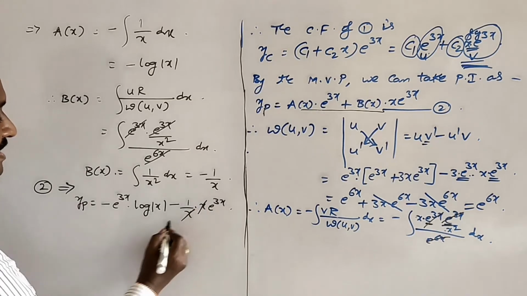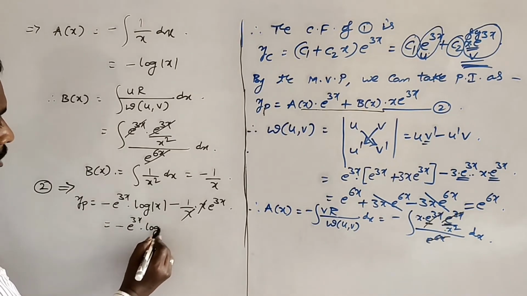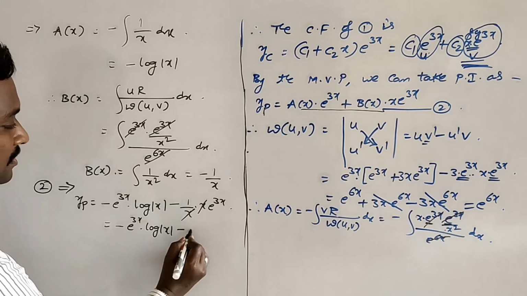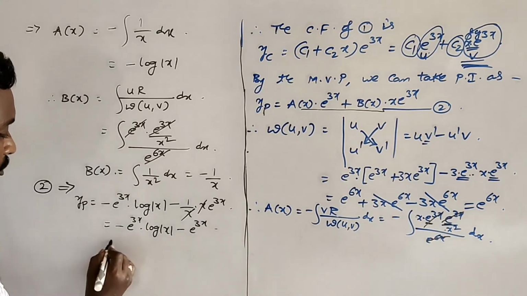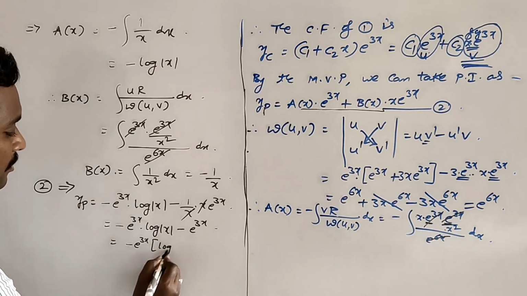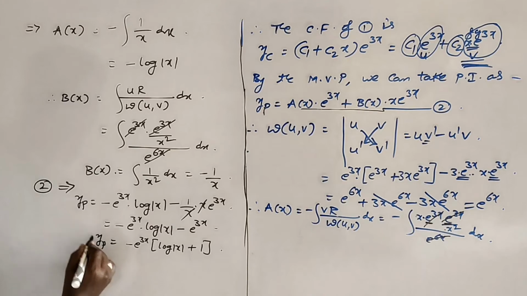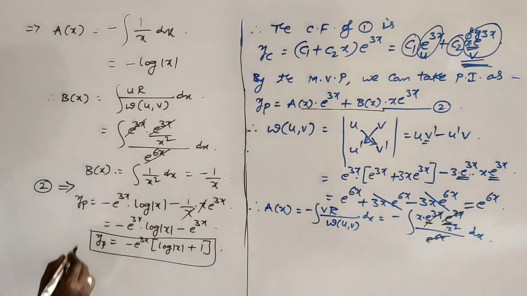So this x gets cancelled. So minus e power 3x into log mod x minus e power 3x. In both parts, minus e power 3x is the common term, so you will get log mod x plus 1. So this is yp. Finally, we have to write the complementary function.